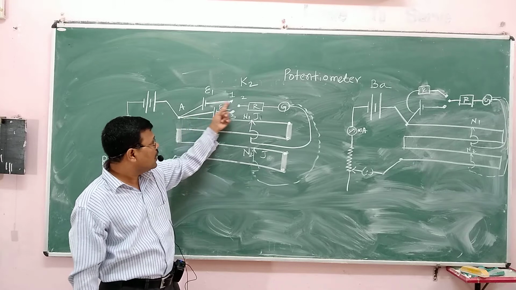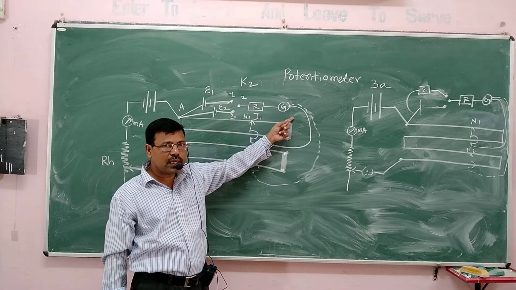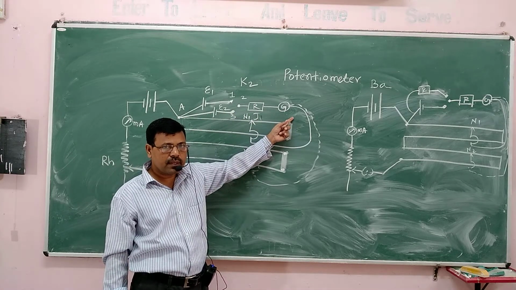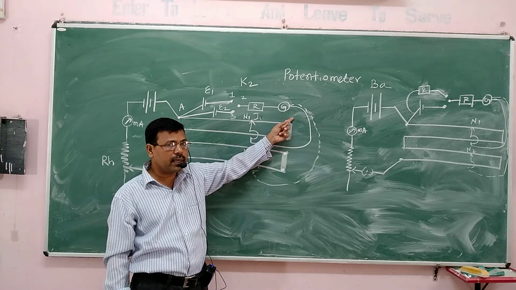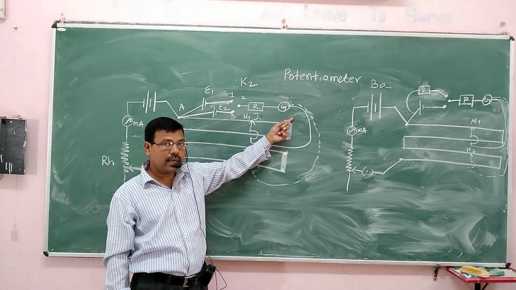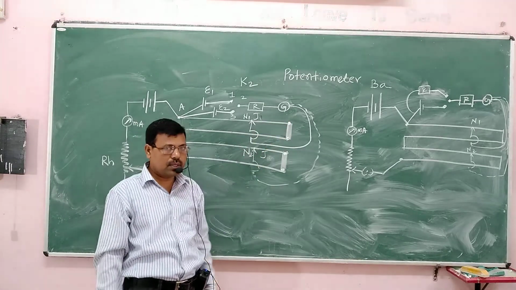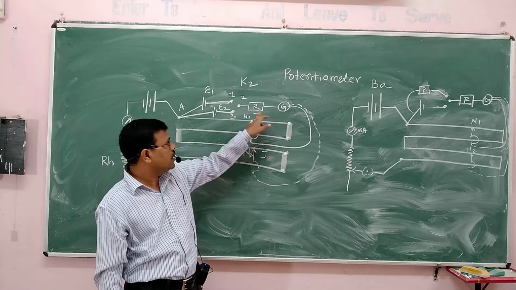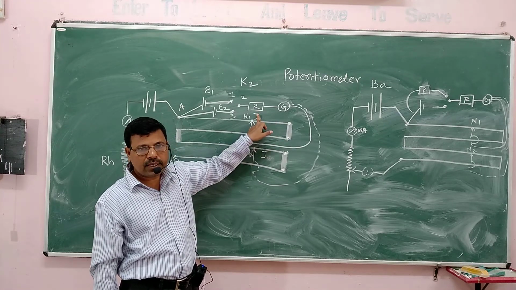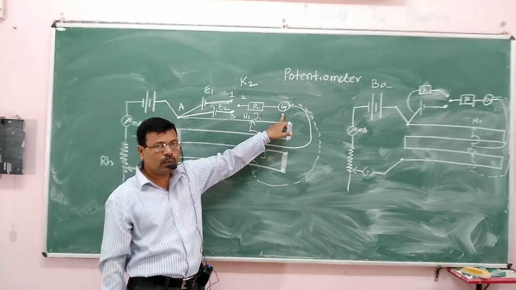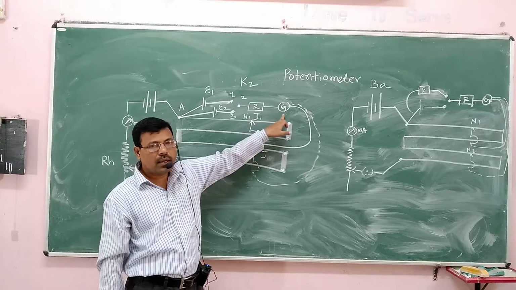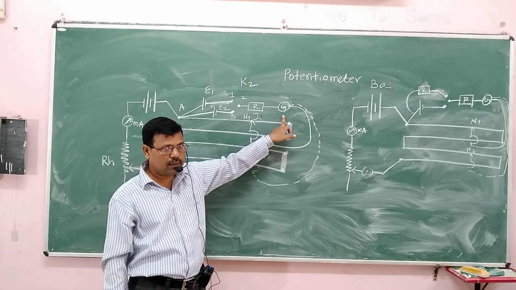If there is a passage of large current through the galvanometer, then the galvanometer may get severely damaged. So in order to avoid that damage, we connect one high resistance box to the galvanometer.